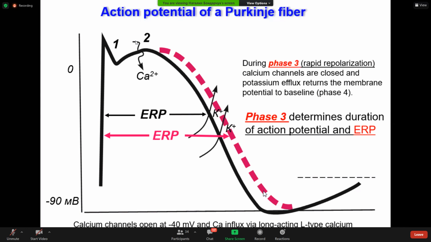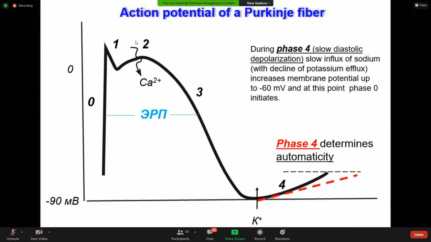So if we are speaking about antiarrhythmic action of such drugs, increased duration of third phase means that such drugs increase the duration of action potential, or such drugs increase the effective refractory period duration. So third phase also contributes to the antiarrhythmic action of antiarrhythmic drugs.